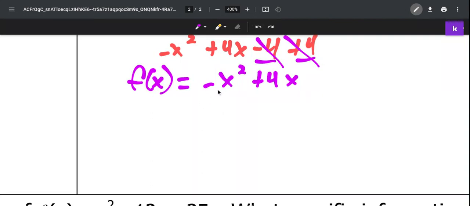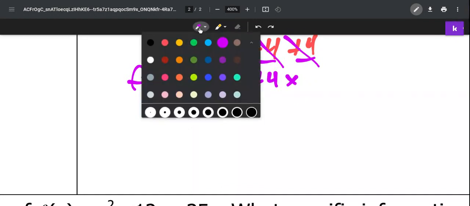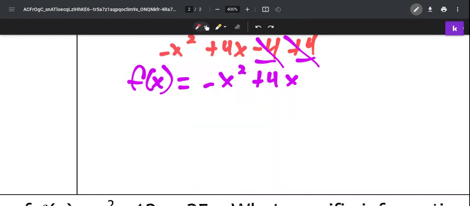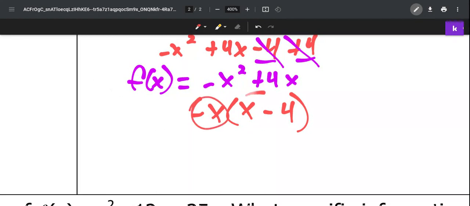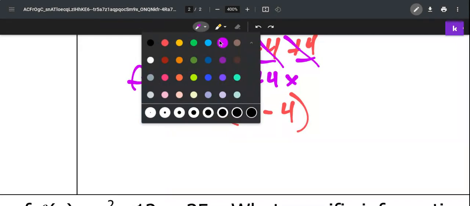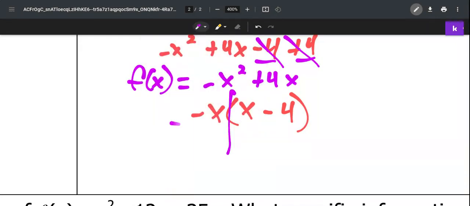All right. So now we need to factor this, and we can factor this with a GCF. We could factor out a negative x, and we'd be left with x minus 4. So then this and this get set equal to 0, and you'll see it actually turns out pretty easy.